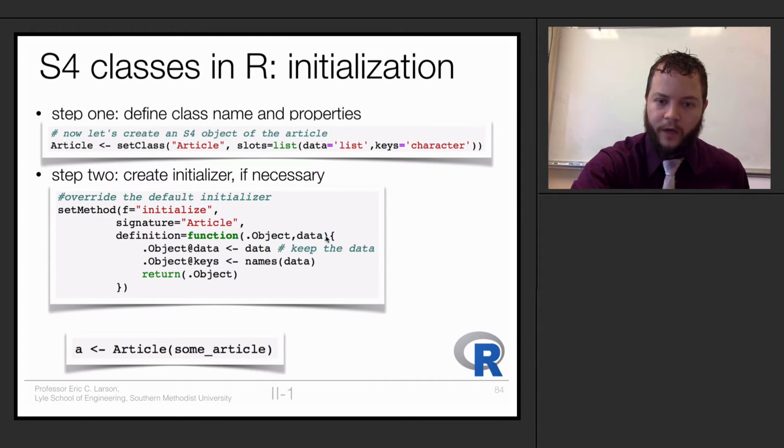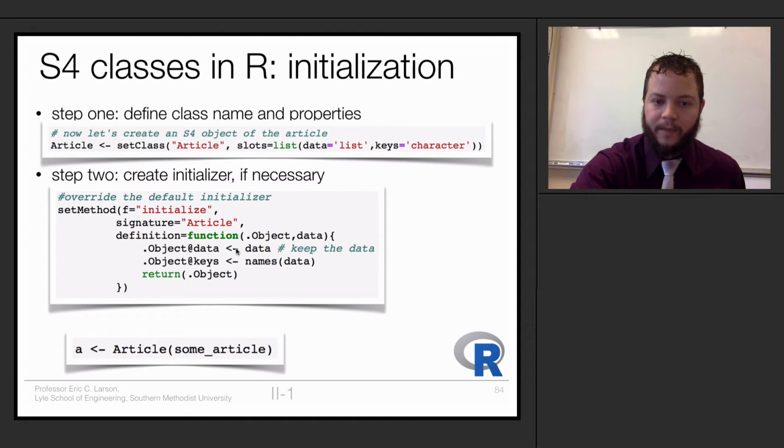So we're going to assume that we've input some data right here, which is a list. Now when I'm going to instantiate all the properties that are part of article, I'll say, well, dot object at data right here. So this is how I access the property, right? Or create a property of the data.